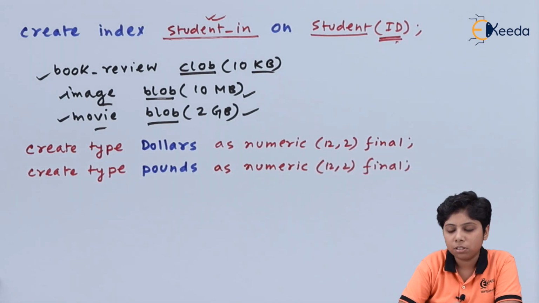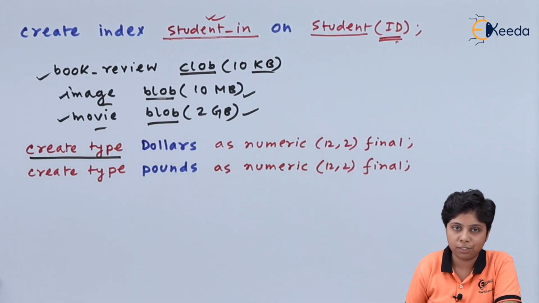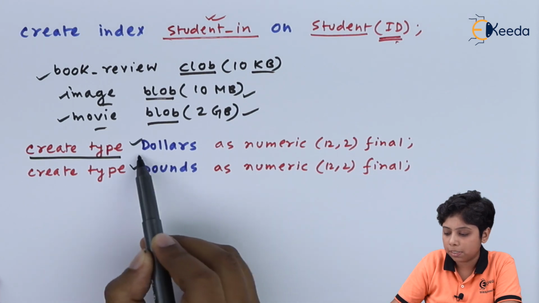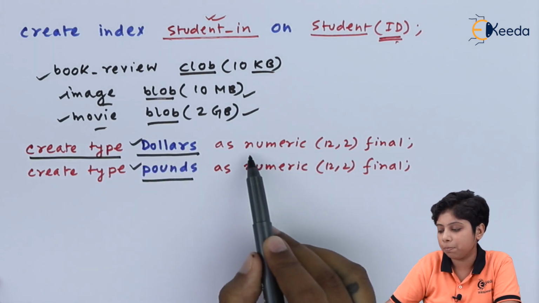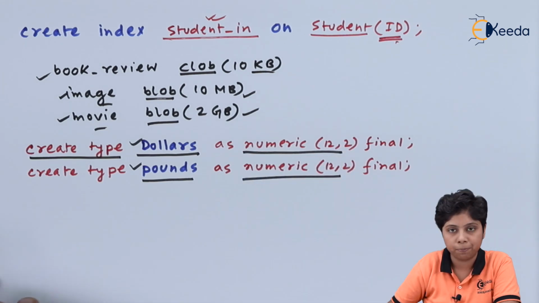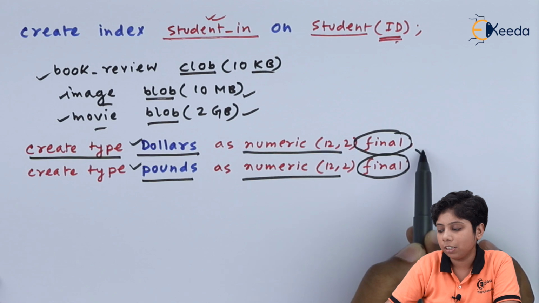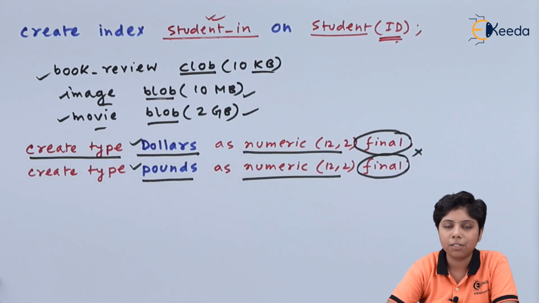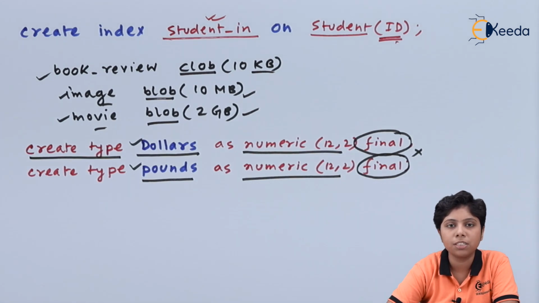I have used the create type clause to define the user-defined data types. I have made two numeric data types, dollars and pounds, as the basic data type is built on the numeric data type. The final keyword is not mentioned here, but the SQL 1999 standard used this final keyword.